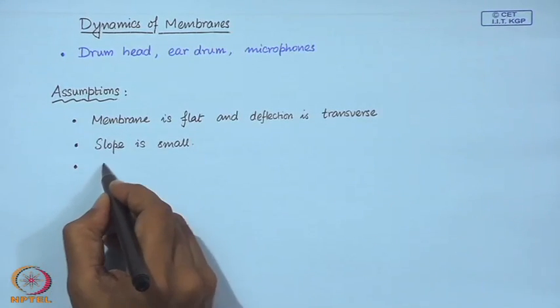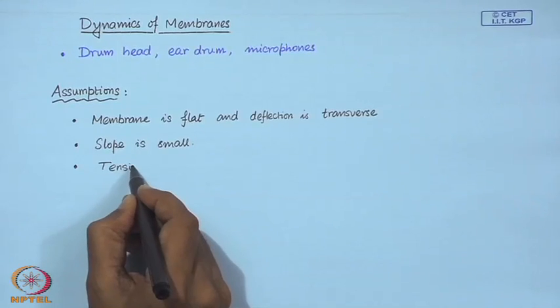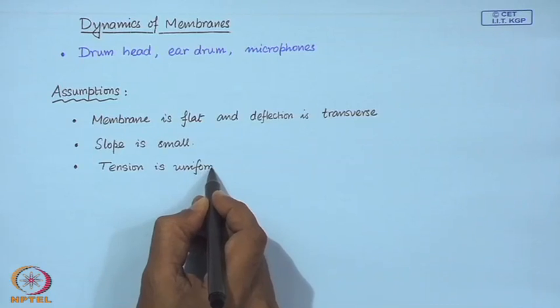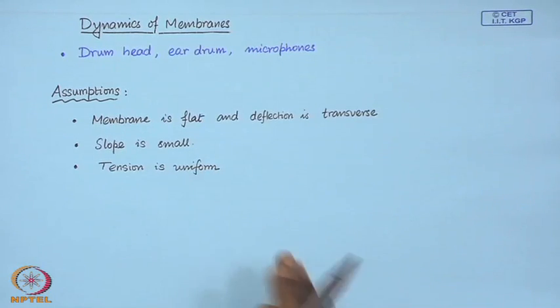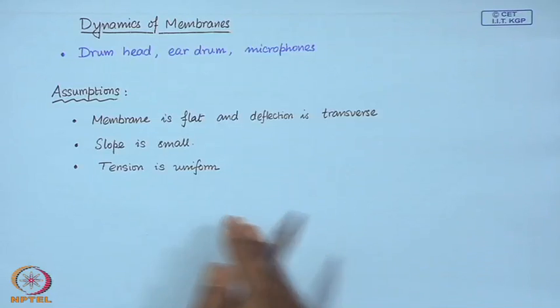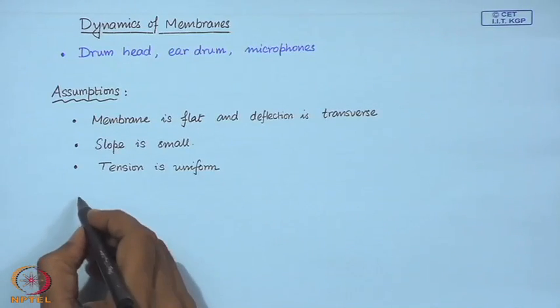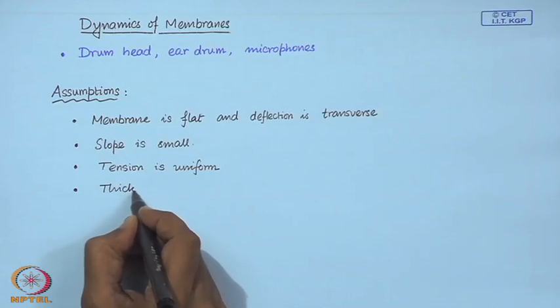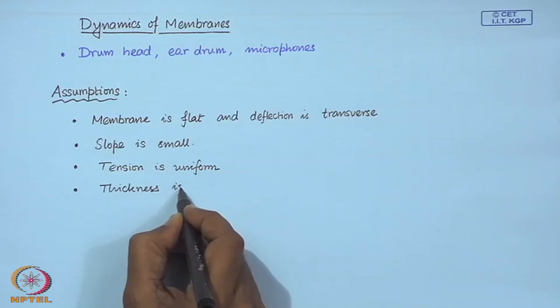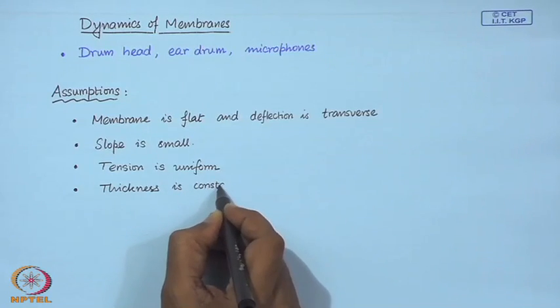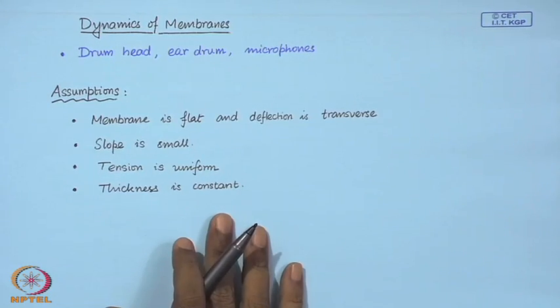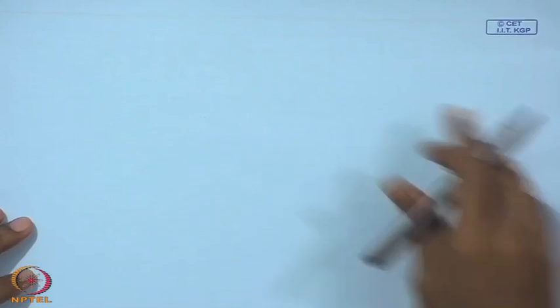We assume that the tension is uniform and does not change with deflection, so it is constant. And finally, we also assume that the thickness does not change. So, under these assumptions, we are now going to look at the modeling of a membrane.